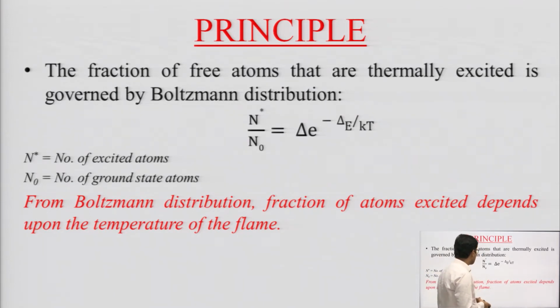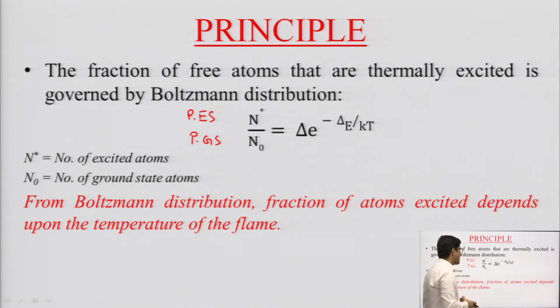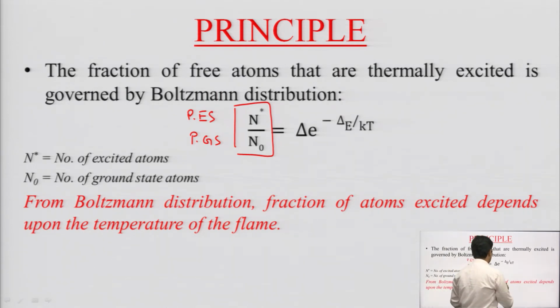Here N star represents the population of the excited state, and N naught indicates the population of the ground state atoms. So, the ratio N star upon N naught is the ratio of the excited state population to the ground state population of the atom, and that is equal to e raised to the power minus delta E upon kT.